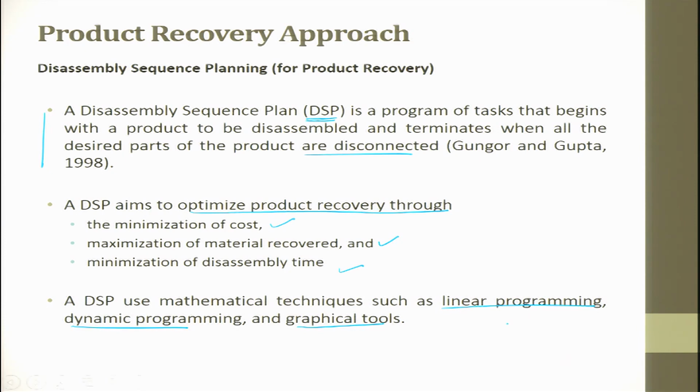For example, I have been working on the problem of recovering or recycling lead acid batteries. Lead acid batteries are widely used in UPS, that is uninterrupted power supply, and in cars. All these batteries are 90%, or even, people claim, 99% recoverable.